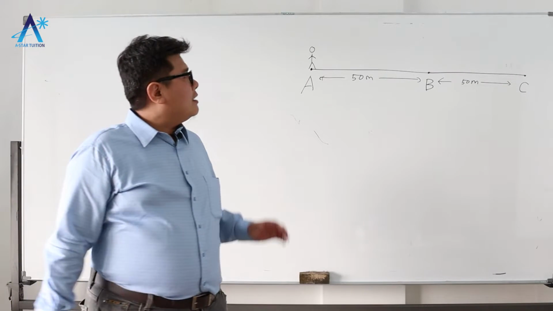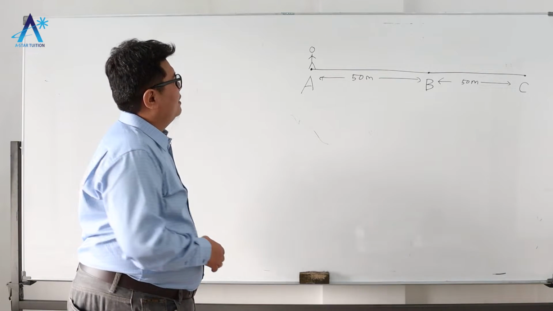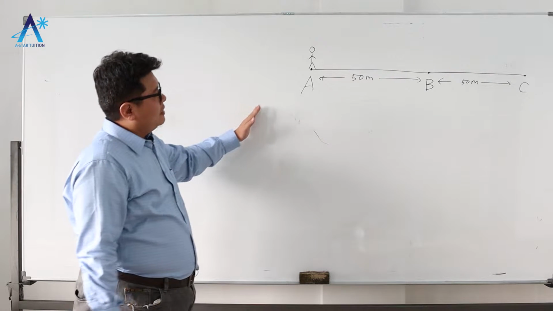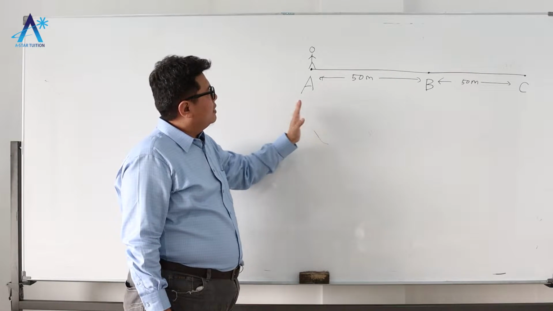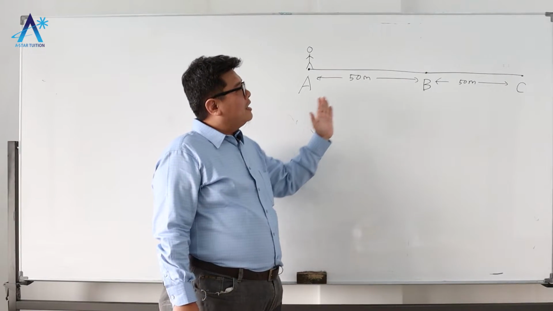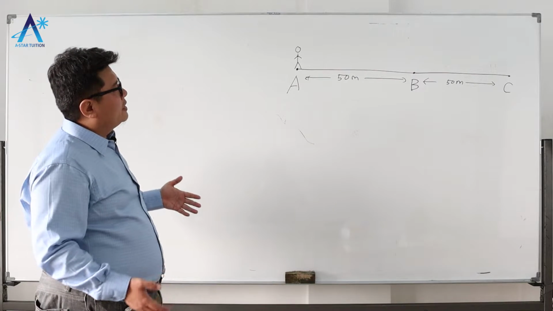Now, let's start to discuss displacement. For an example, let's take a look at this picture. You see there are 3 points, A, B and C, and they're separated by 50 meters each.